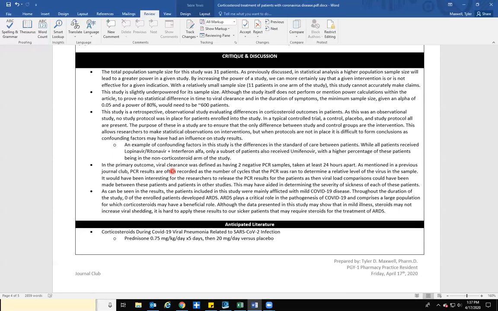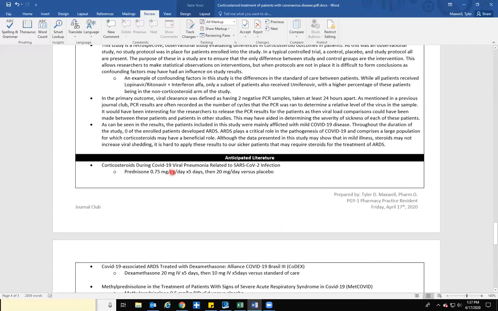There isn't a lot of data out there to support the use of steroids in these patients as a definitive treatment. And so I think if the patient needs it for their ARDS, it would be beneficial to use. But if they are not requiring it for ARDS or hypoxia, then it may be something that we can hold off until a later time.